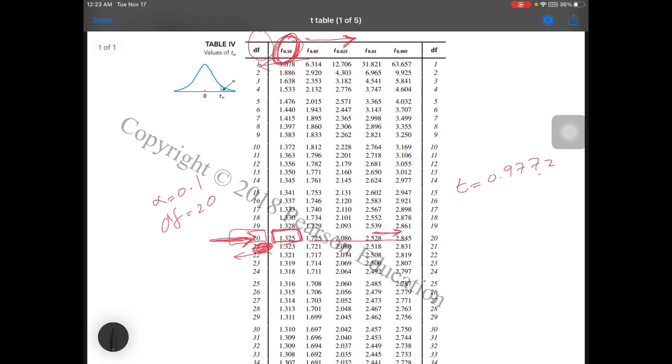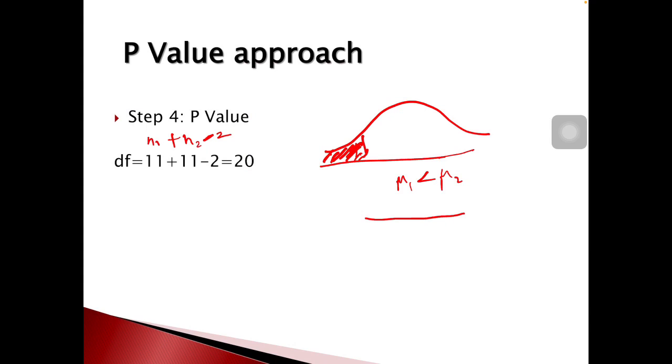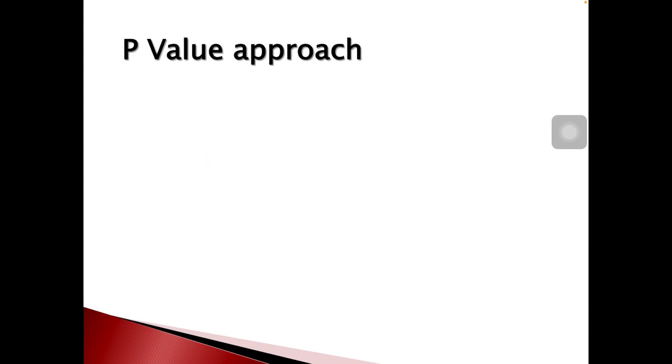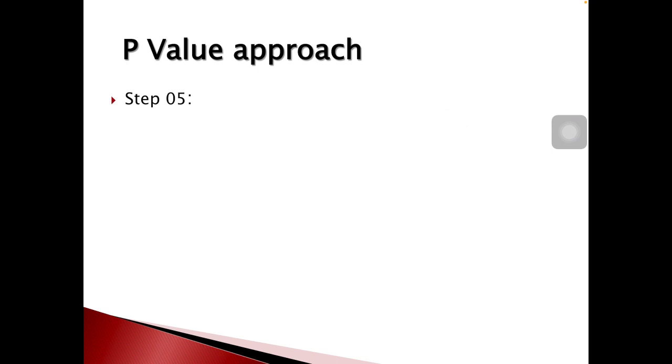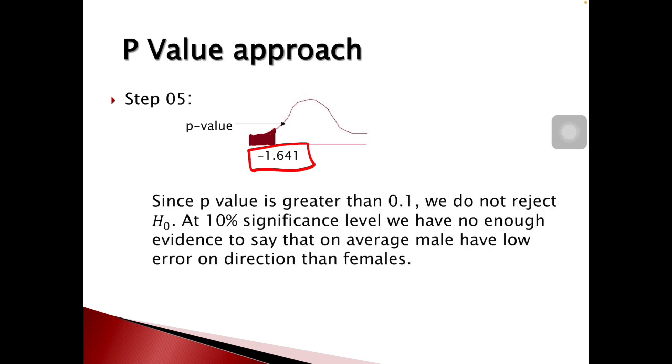Okay, that's how we identify it if we don't have that value. So p value is greater than 0.1. Then your p value is greater than alpha, the significance level.